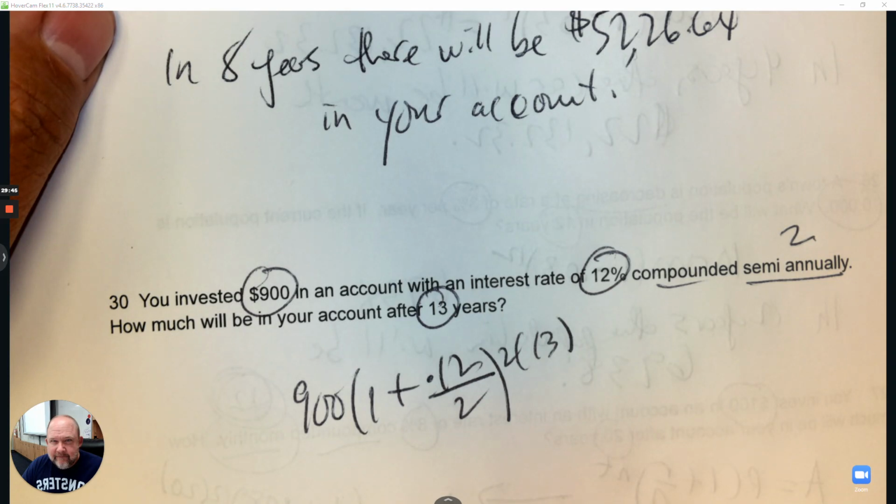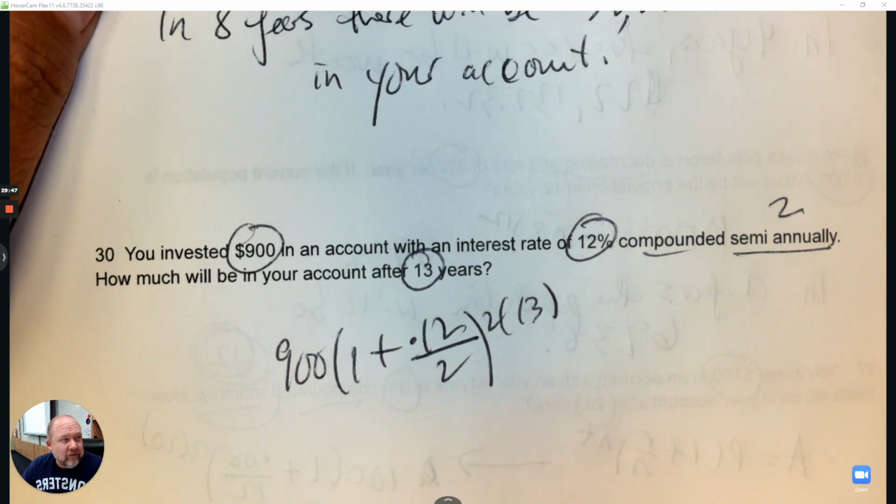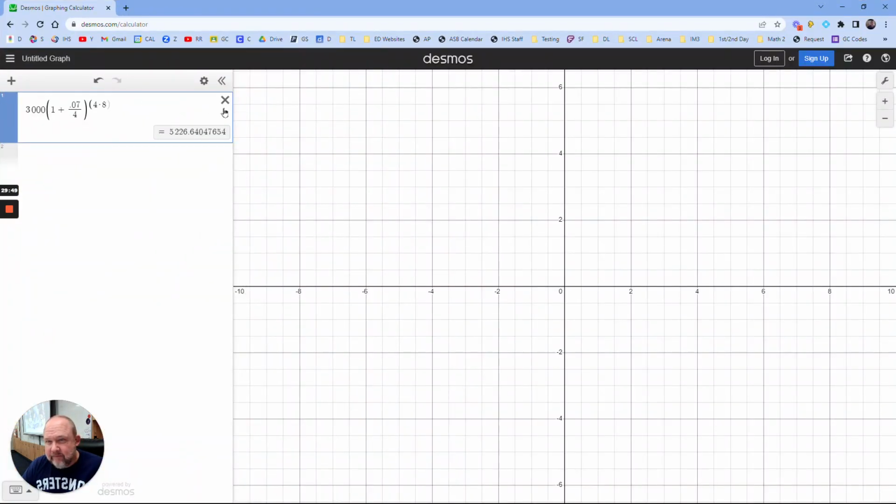Did you get it right? Then use Desmos, or if you have a calculator, and we're going to type it in. So it's 900, 1 plus 0.12 divided by 2. And then it's parentheses, right? 2 times 13, or 26.